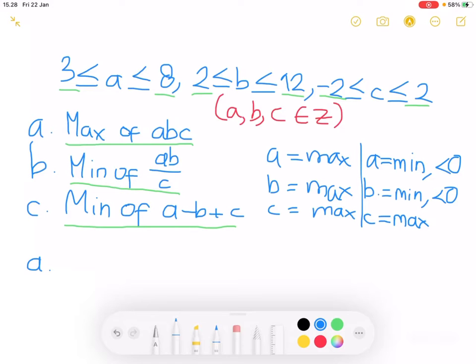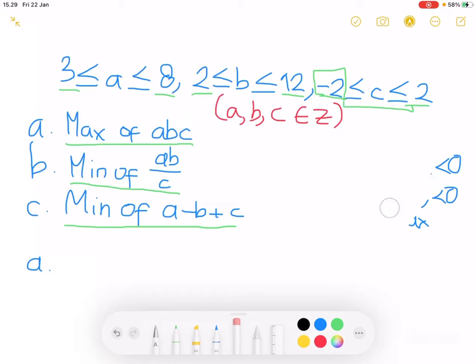And notice you can just switch some variables up and test them. However, we only have one variable which has a negative value in its interval, and if we substitute that in, we will end up with a minimum value. So we don't want that to happen. Instead, we're going to choose all to be positive and maximum.